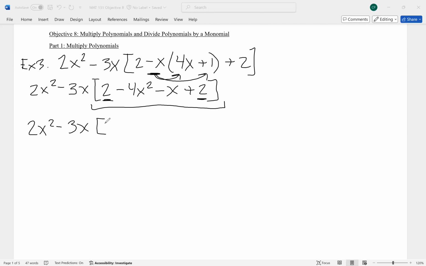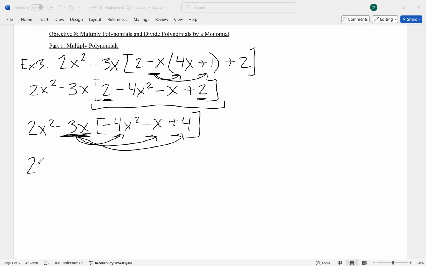So if we put it in descending order, we'll have negative 4x squared minus x plus 4. Okay. Now that inside of the brackets is simplified, nothing else needs to be combined, and it is in descending order. Now we can look at this negative 3x and distribute or multiply that through.